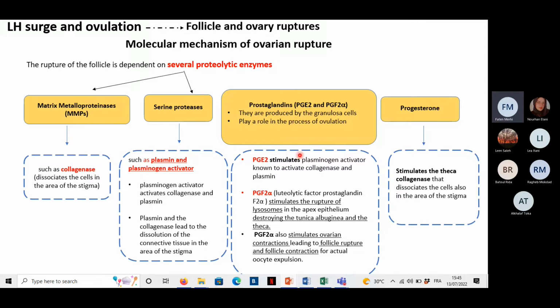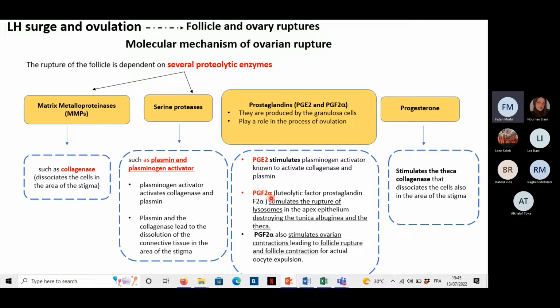In fact, the PGE2 stimulates the plasminogen activator that, as we have said, will activate the transformation of the plasminogen into plasmin, and the plasmin will activate the collagenase.